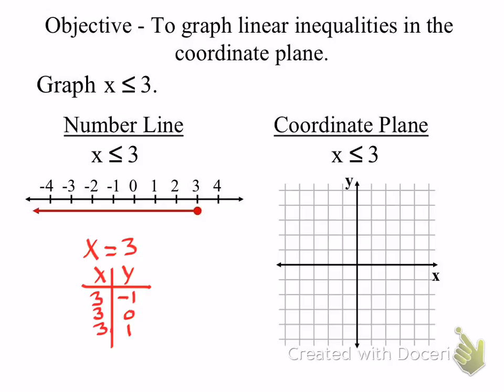1, 2, 3, -1. 1, 2, 3, 0. 1, 2, 3, and 1. Are there any questions? And then we would draw our line. We can tell it's a vertical line.